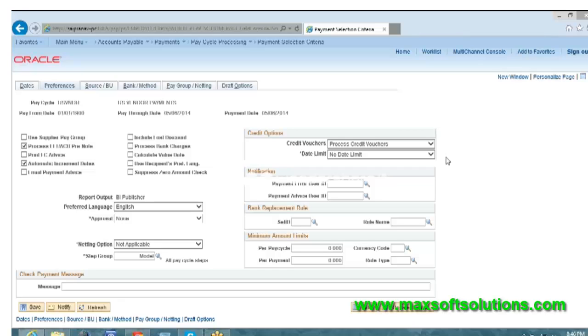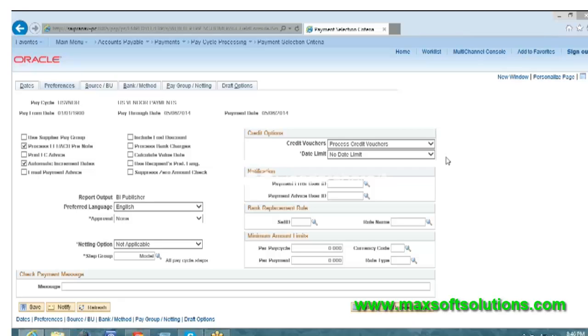For example, we got 10 invoices from one vendor. In a general scenario, what will happen? You keep on getting the invoices and you make the payments to the vendor. Sometimes in some situations you will get a credit note from the vendor. Correct? When you get a credit note, you will record the credit note in your system.